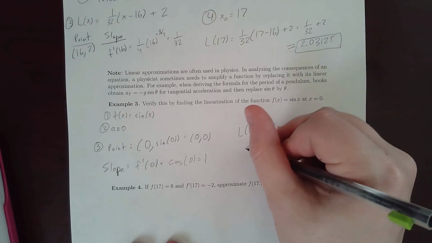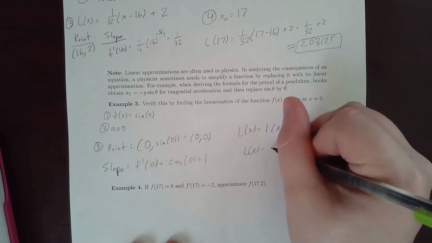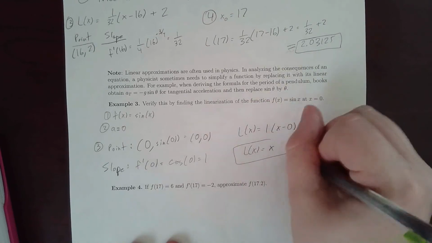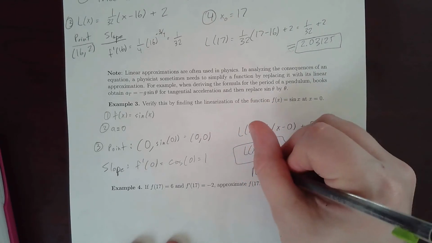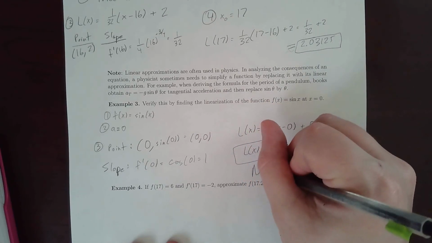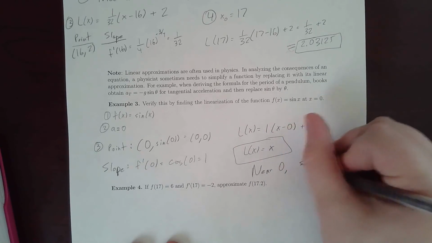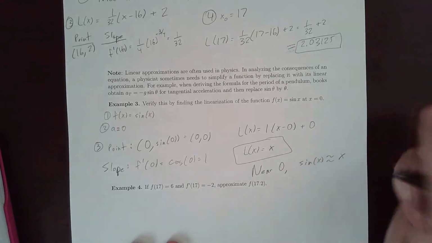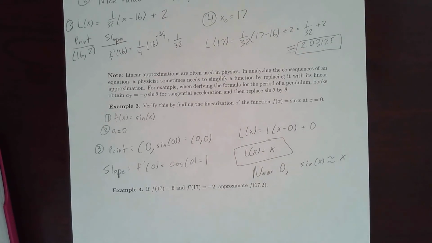Or in other words, L of x is just x. So when we are near 0, the sine of x is approximately the same thing as just x.